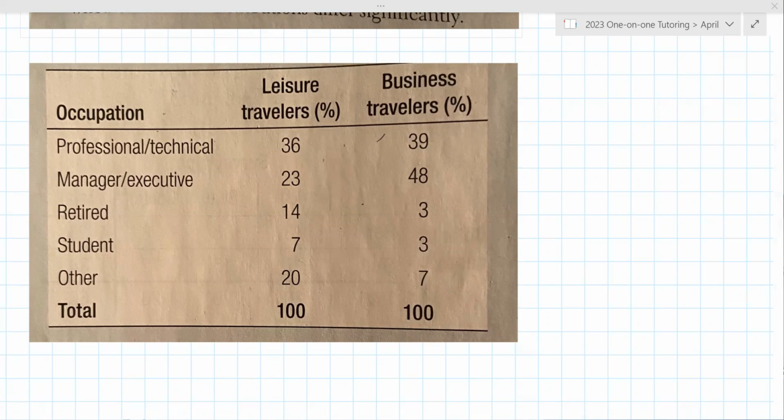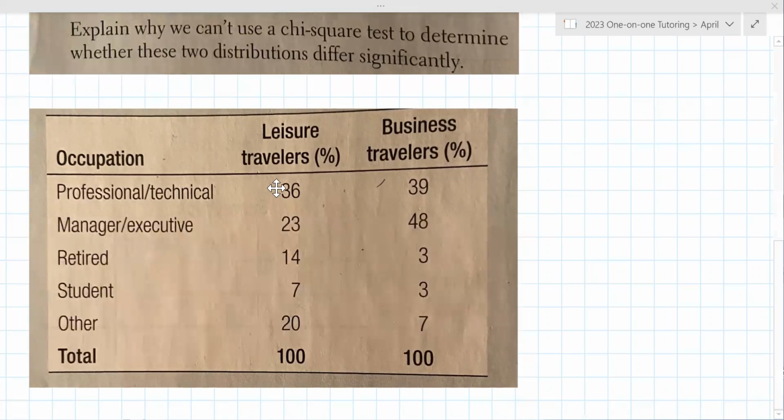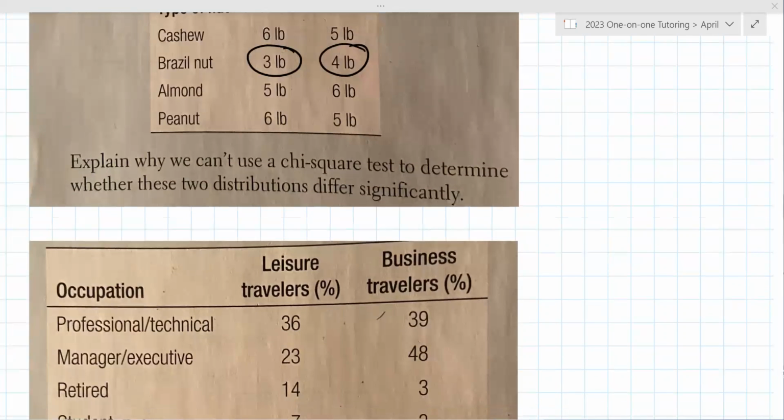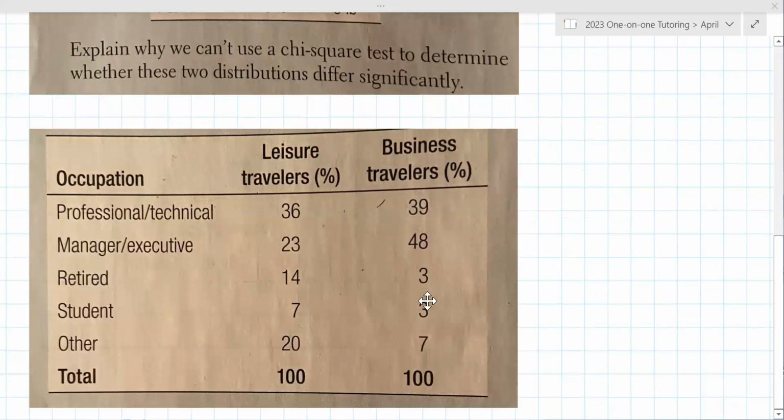Yeah, sure. Let me pull it up real quick. That's definitely not it. So I take that back. For 33, it's actually the expected value that might be the issue, not the actual cell value. What it says right here is because we do not have the actual counts of the travelers in each category.